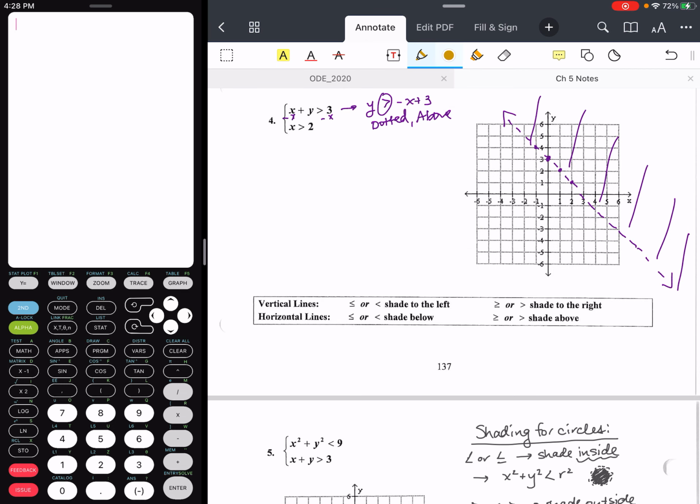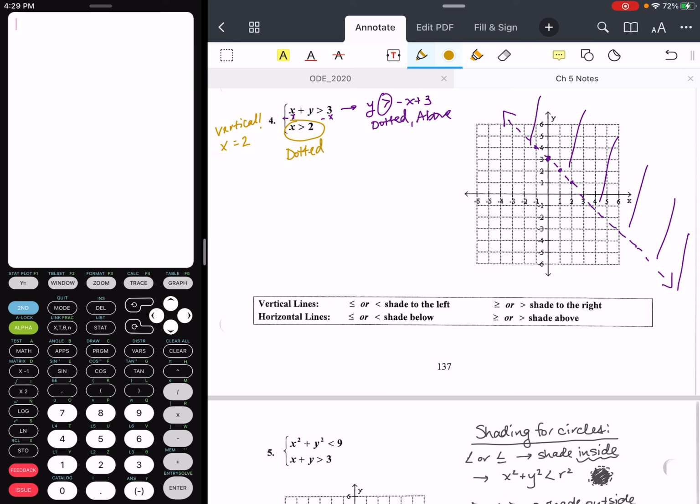All right, so let's take a look at x greater than 2. Now, ignoring the inequality for a second, if I had x equals 2, that would be a vertical line, right? There's no y, there's just my x variable. So if I'm graphing this, because of the greater than inequality, I'm going to use a dotted or dashed line.